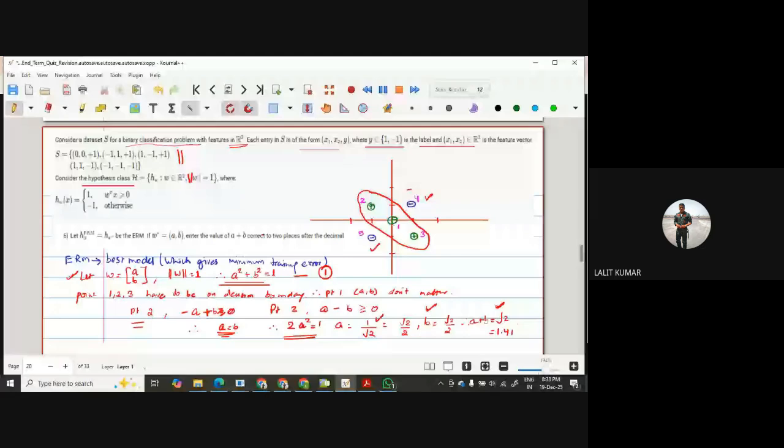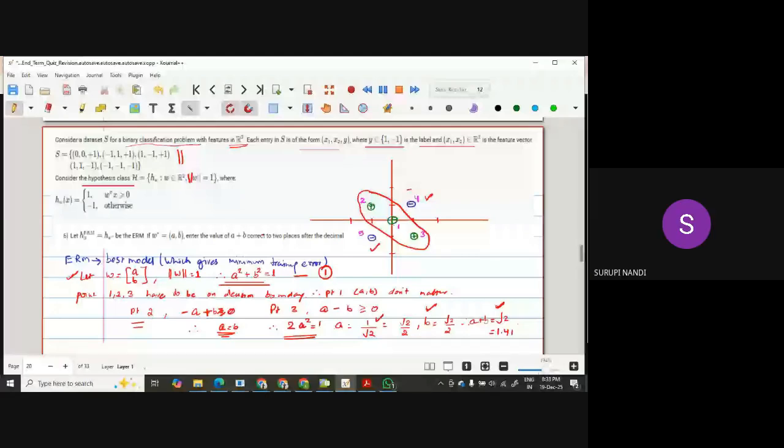For point 2, if you take minus A plus B is greater than or equal to 0. For point 3, A minus B is greater than or equal to 0. So it means A is equal to B, and as A square plus B square is equal to 1, 2A square becomes 1, A is equal to 1 by root 2, and then we get B is also 1 by root 2, and A plus B is equal to root 2. Is this clear, or do I have to explain this question?